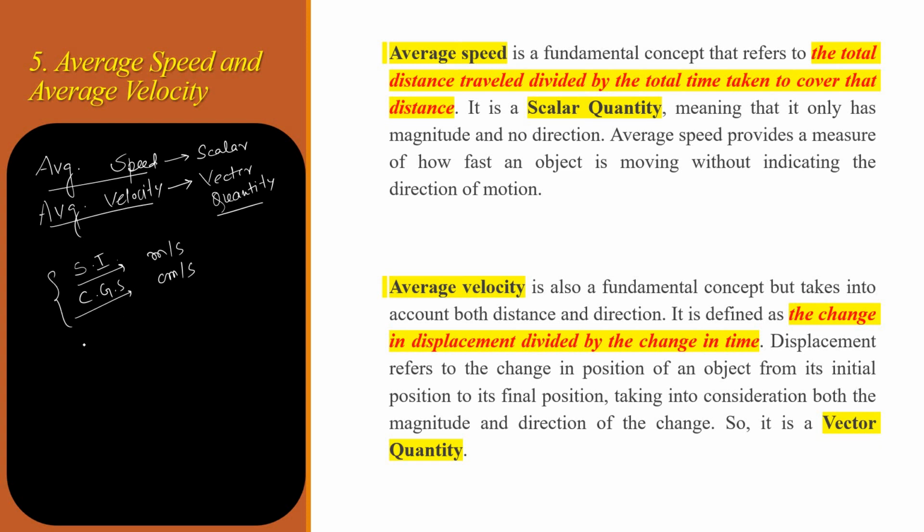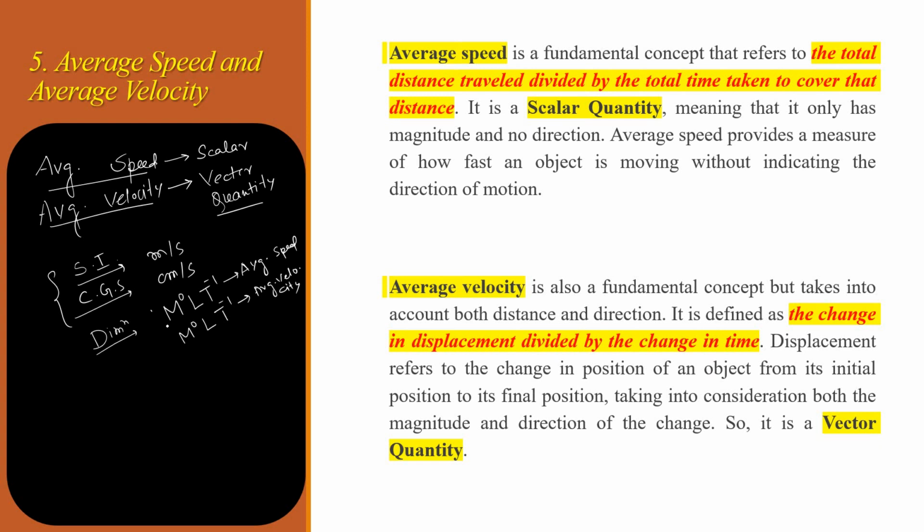Then if we analyze the dimension, it is also the same. The dimension is M^0 L T^-1. Suppose this is average speed and this is average velocity.